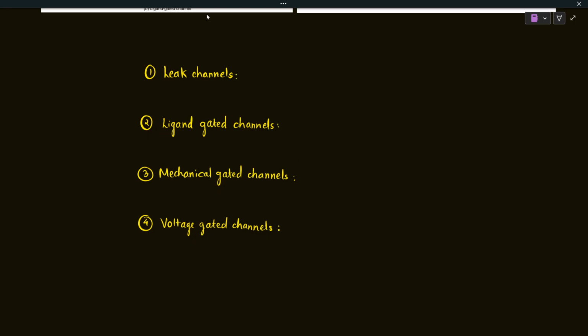Okay, so those channels, the channel proteins, have a gate which opens and closes corresponding to some stimuli. Depending on which kind of stimuli, whether it opens upon the arrival of a ligand, or upon mechanical stress, or upon the change in membrane potential, these are the different types of channels. Okay, so the leak channels are the ones which open and close randomly.